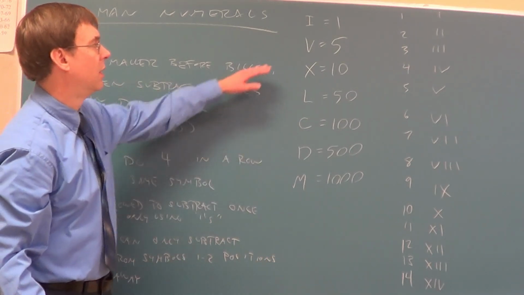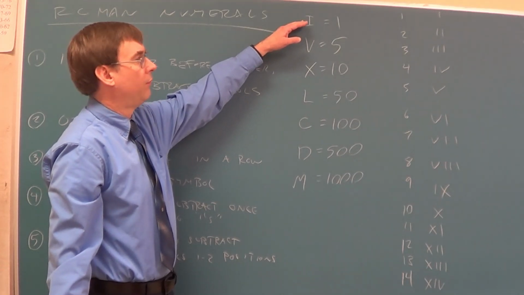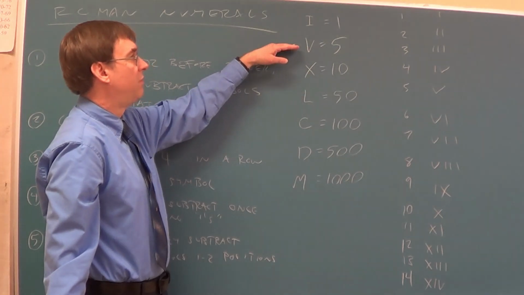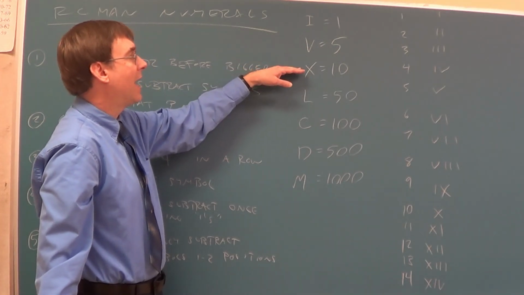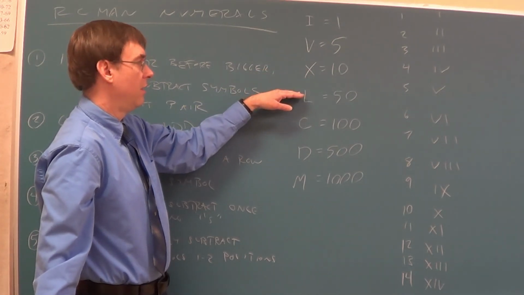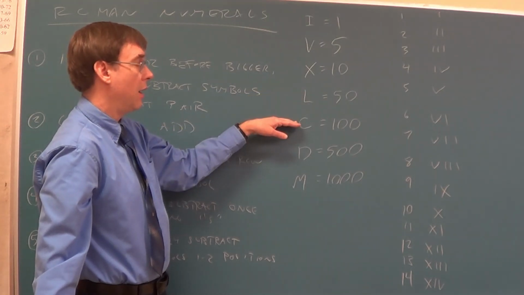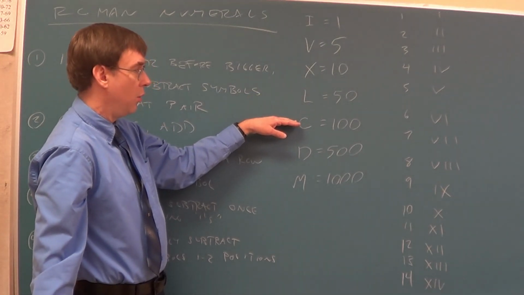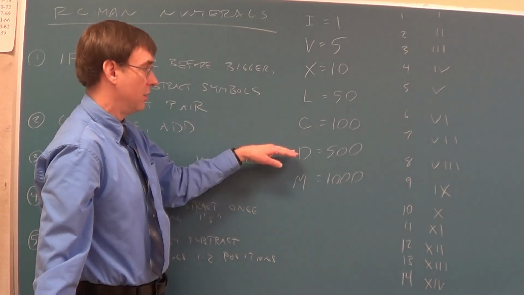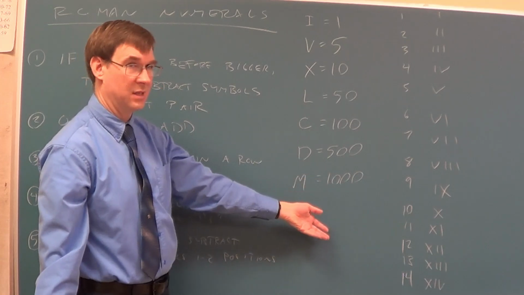So in other words, the 1 can subtract, but only from the 5 or the 10. 5 can't subtract at all. 10 can subtract, but only from 50 or 100. 50 can't subtract. 100 can subtract, but only from 500 or 1,000. 500 can't subtract. 1,000 can't subtract either, because we ran out of symbols.